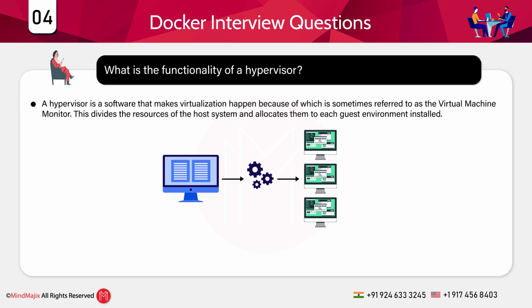As you see in the figure, there is a hardware architecture, and on the hardware we run the hypervisor with the help of an operating system, and then the hypervisor produces multiple operating systems: operating system 1, operating system 2, operating system 3.